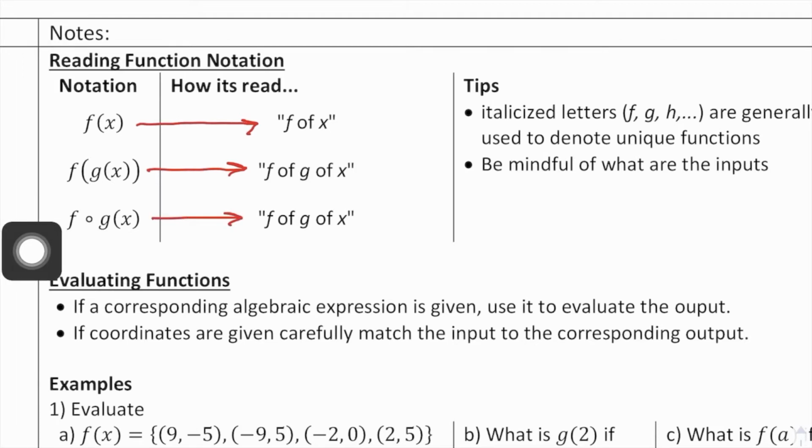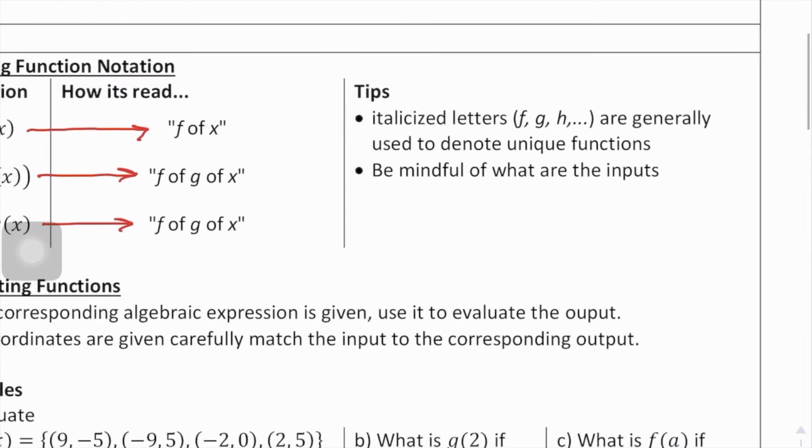All right, so a couple things to also know about functions is that the italicized letters, usually they'll use f, g, and h first. Anytime you see those italicized letters, they are to denote that you're working with a function. They are not variables. So you're not solving for f per se.